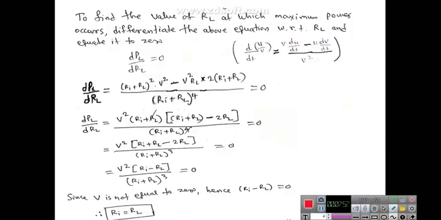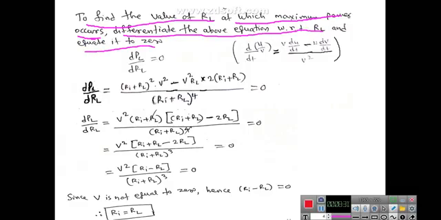To find the value of RL, you have to make use of equation number 1, the expression for PL. To find the value of RL at which the maximum power is consumed by the load resistor, you have to differentiate equation number 1 with respect to RL and equate it to 0.